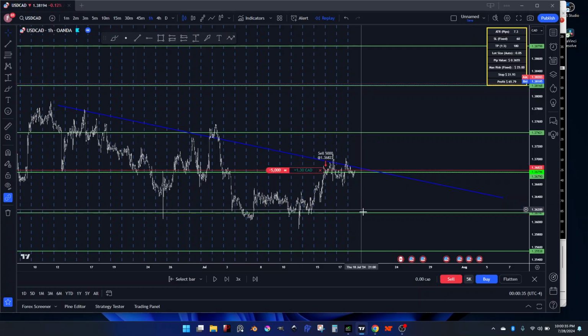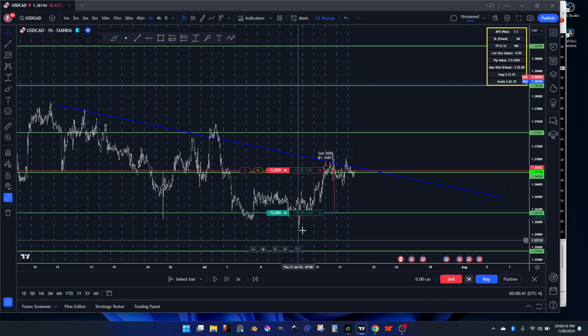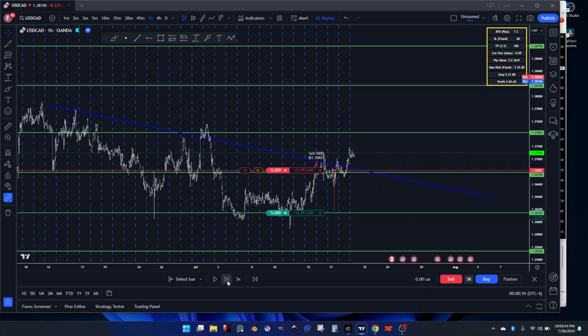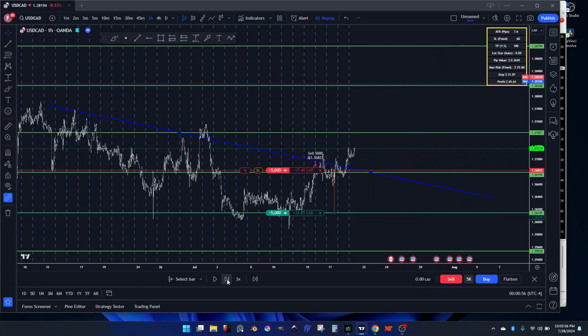So if we went short here, we want to target here, should that ever come about. So that's where we would be looking to actually come out of this trade. That should be, I think, about $25. Yeah, it should be $25 based on our calculations.